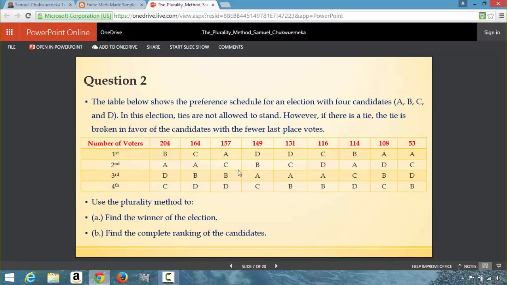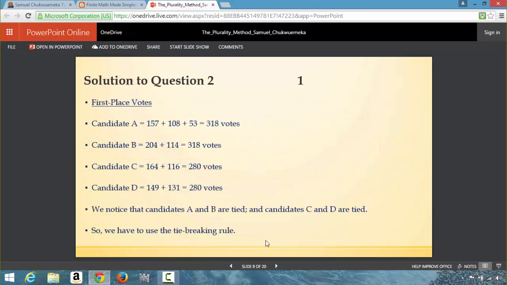But no voter placed candidate A as the last choice. So even though candidate A and B are tied, candidate A is more popular because nobody placed candidate A as their last choice. So candidate A wins the election.